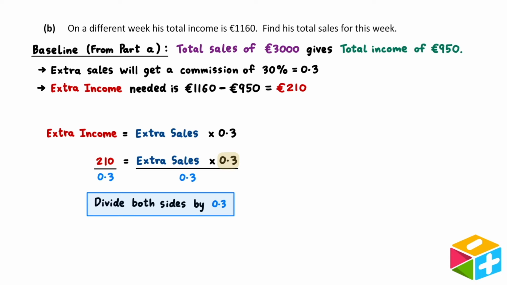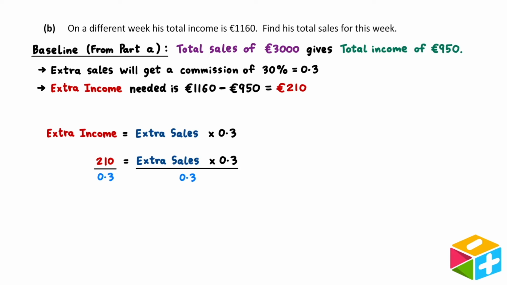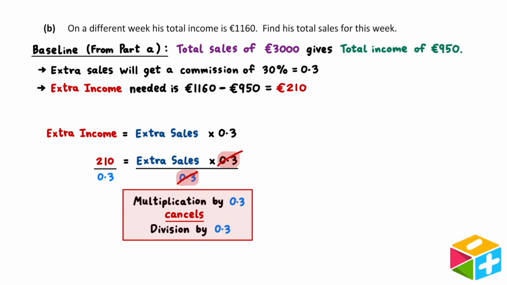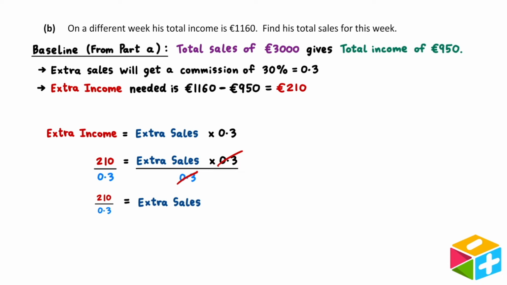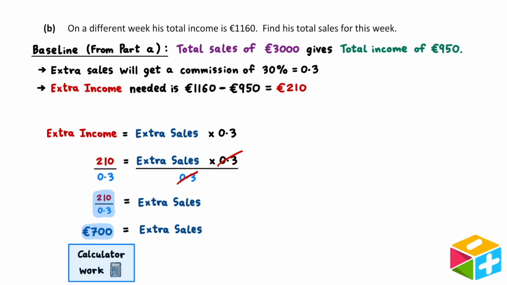So to remove the 0.3, we need to divide both sides by 0.3. So we found that our extra sales must be €700.